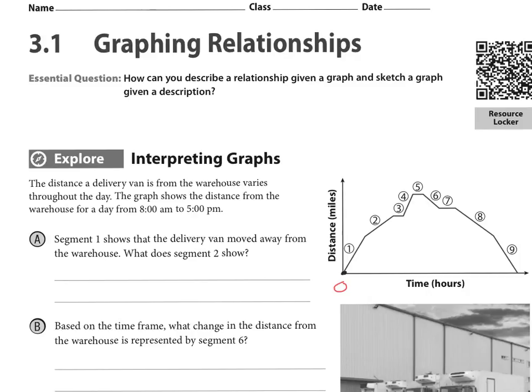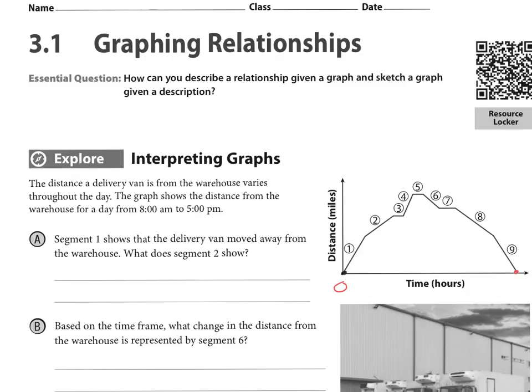Now, that's not how it refers to it in the problem. It refers to the start of our day as what time? 8 a.m., okay? But as far as the amount of time that's transpired, 8 a.m. is equivalent to 0. We do our deliveries, do all that stuff. We come back to the warehouse at what time? 5 p.m. We come back at 5 p.m., but that's not what would go right here.